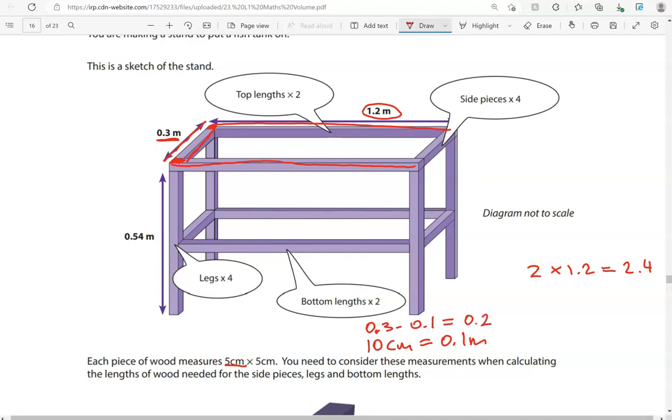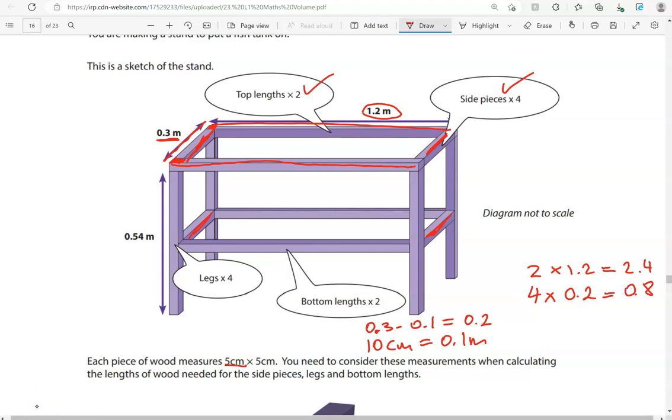So there are 4 of these. There is this one, this one, this one, and this one. So that is 4 times 0.2, which gives us 0.8. So we've done the top length and the side pieces so far.